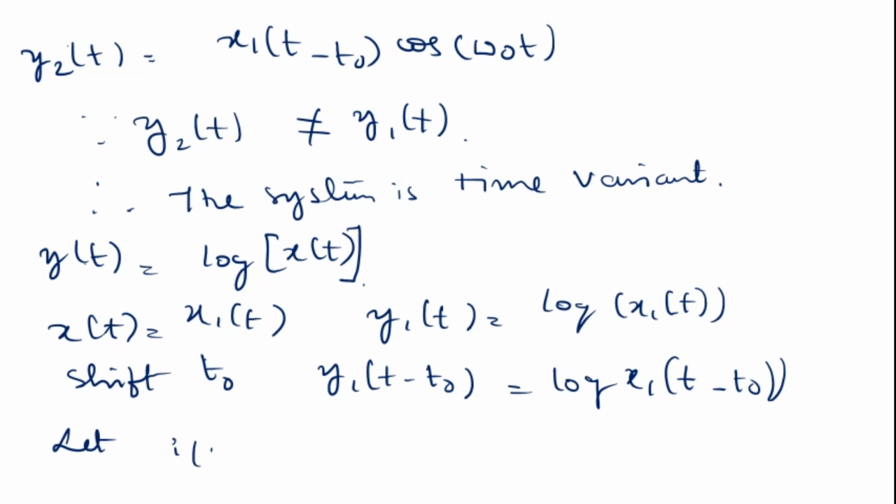Let input x of t is equal to x2 of t, which is equal to x1 of t minus t naught. Then output y2 of t is equal to log of x2 of t.